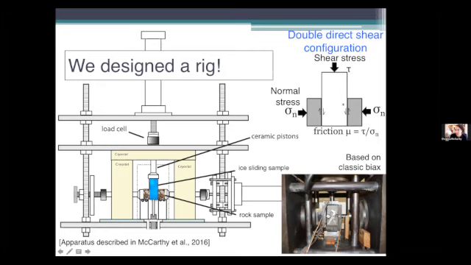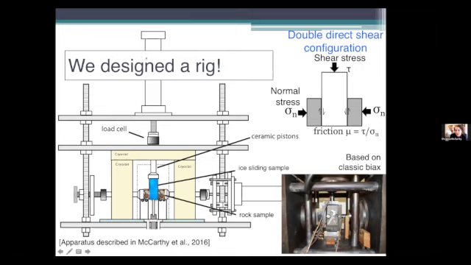So in this, you have 3 blocks. The 2 side blocks, in this case, ours were rock, are stationary, held up by blocks of steel, and the central piece, the central sample, is ice. These are squeezed together horizontally, creating a normal stress.